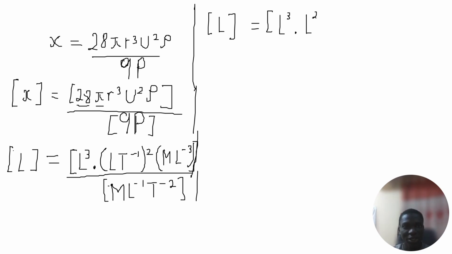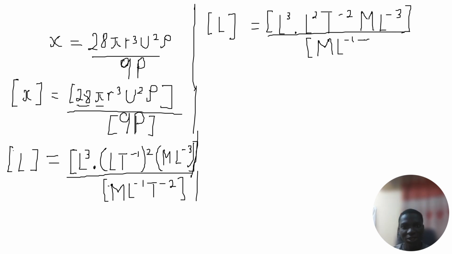And this one will be T raised to the power minus 2, and we have M, L raised to the power minus 3. So everything must be equal to M, L raised to the power minus 1 and T raised to the power minus 2.